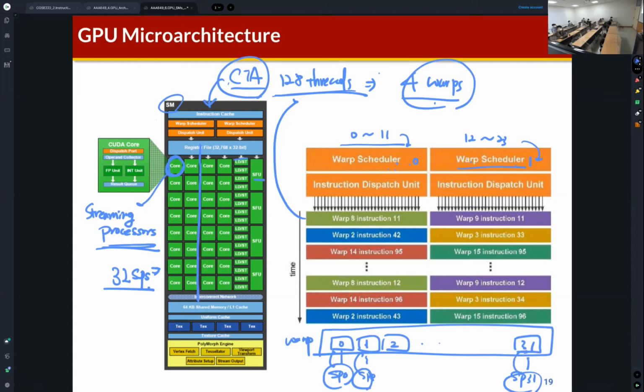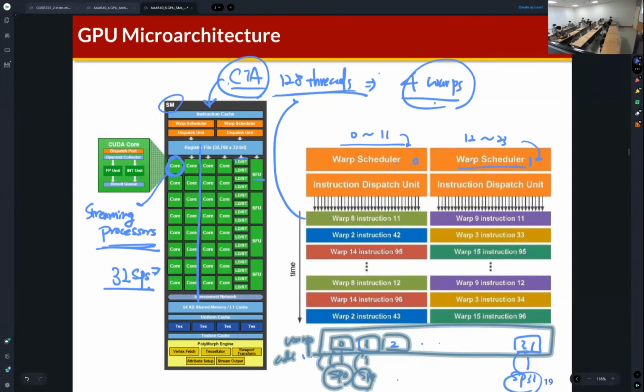So which means that when a warp is scheduled, each thread in a warp is assigned to the corresponding streaming processors, separately. Okay, and if this instruction is add R1, R2, R3, then these instructions are executed in parallel.